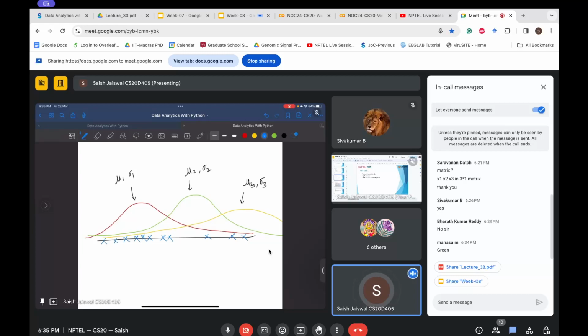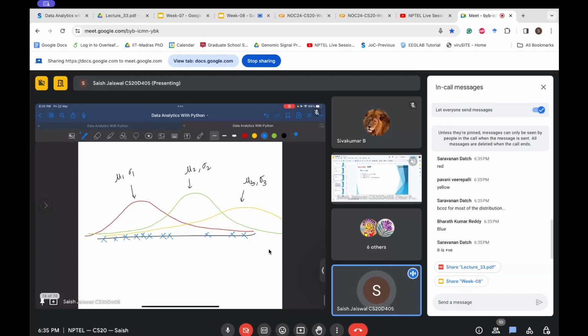And we'll formally see this. Okay, someone says red. What do you think will be the best fit? Okay, because most of the distribution is positive. Okay, let us now see the correct interpretation of this. So the correct answer is red over here.